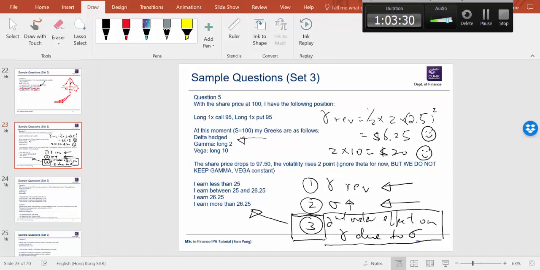That being the case, because gamma is changing, as you pointed out rightly, and gamma is increasing, so definitely you will earn more than 26.25. Okay? 26.25 will be a minimum.